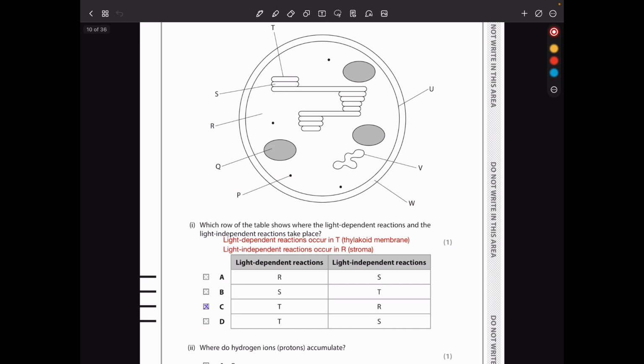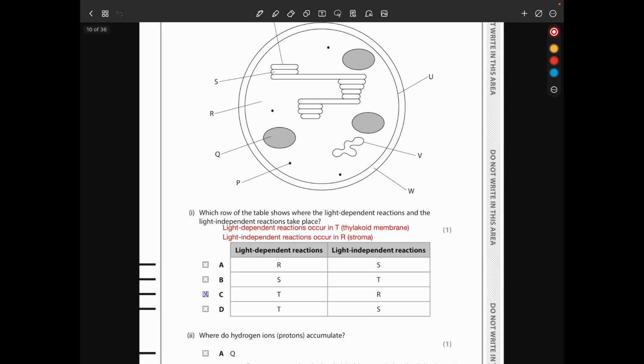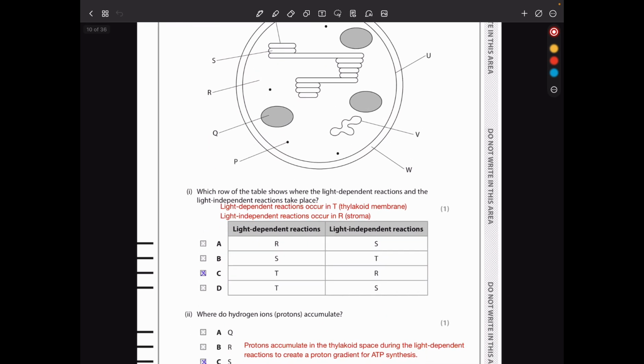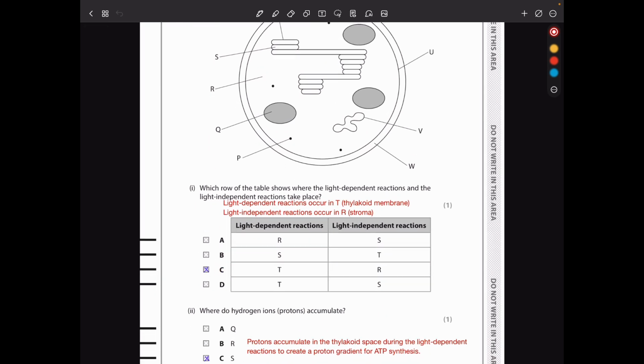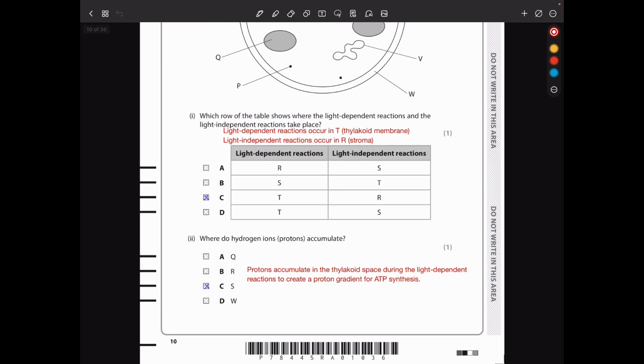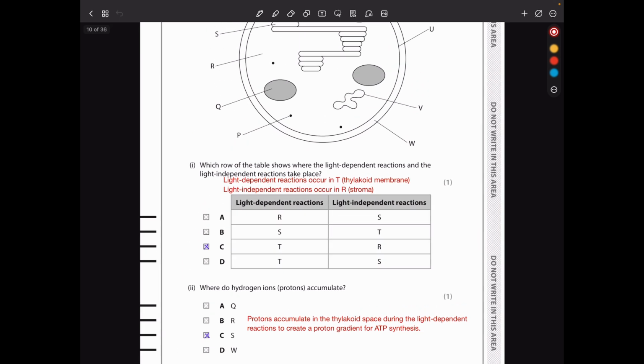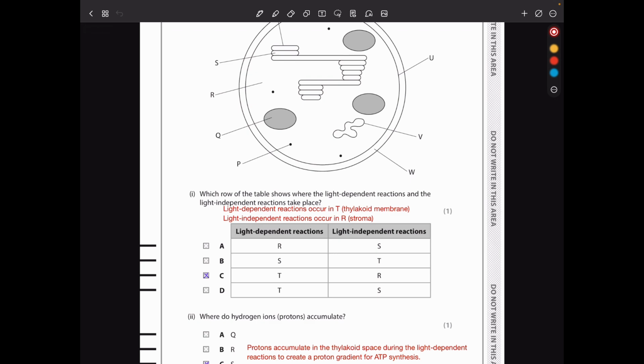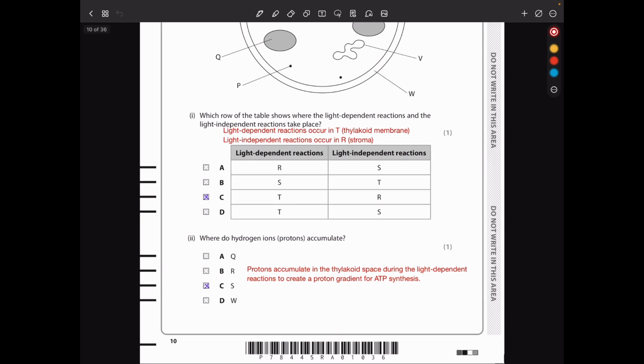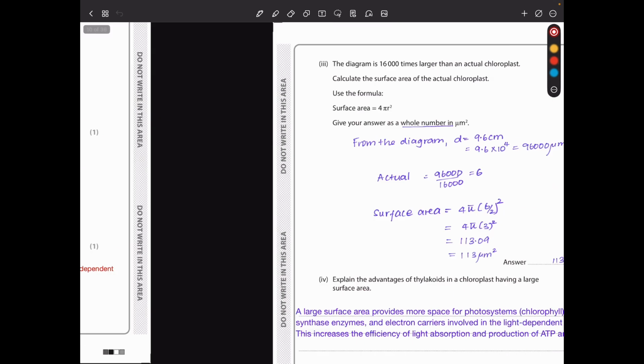The light-dependent reactions take place in the thylakoids, and the light-independent reactions take place in the stroma. So it's going to be T and R, which is answer C. And next, where do hydrogen ions, which are the protons, accumulate? They accumulate within the space of the thylakoids, which is going to be S. So that's my answer here.